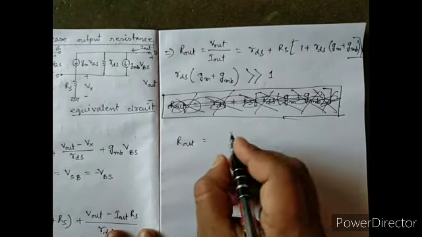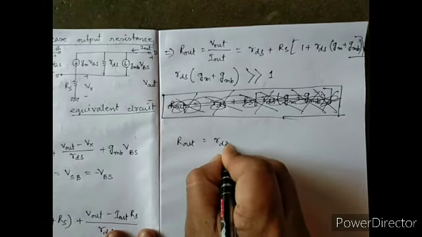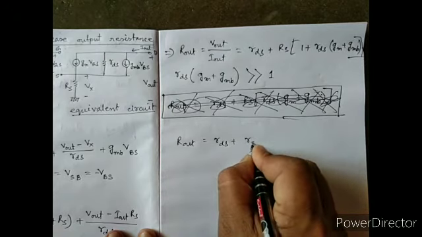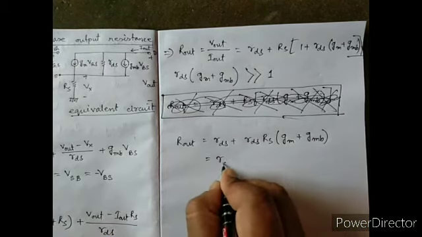So finally we can write R out equals Rds plus Rds Rs into Gm plus Gmb, that means Rds into 1 plus Rs into Gm plus Gmb.